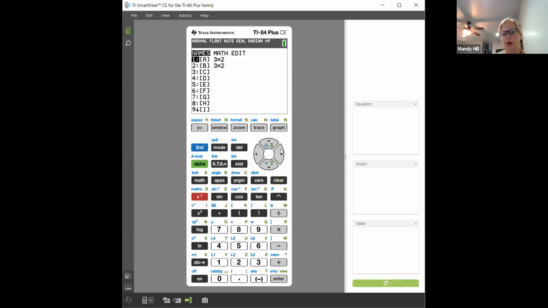Clear this out. I do have 3 matrices to type in. So second matrix, we're going to go over to edit, and we're going to edit matrix A first. Matrix A has 2 rows and 3 columns.